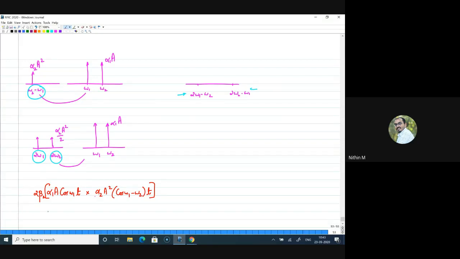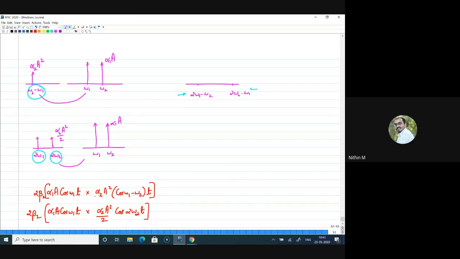Similarly, you have the fundamental term alpha 1 a cos omega 1 t multiplying with alpha 2 a square by 2 cos 2 omega 2 t. This will also appear at the output of the second stage as a result of second order nonlinearity.